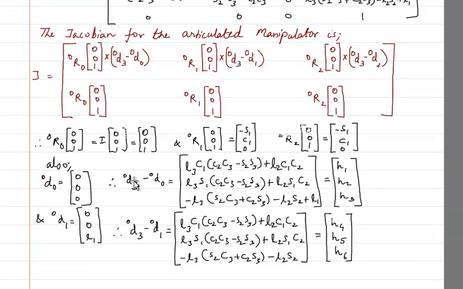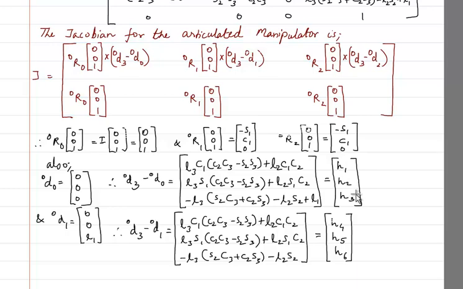Minus of 0D0 is minus of 000, so I will get 0D3 itself. Now I can proceed by writing the big equation, but again it will become very lengthy. So what I can do is write it as h1, h2, h3.